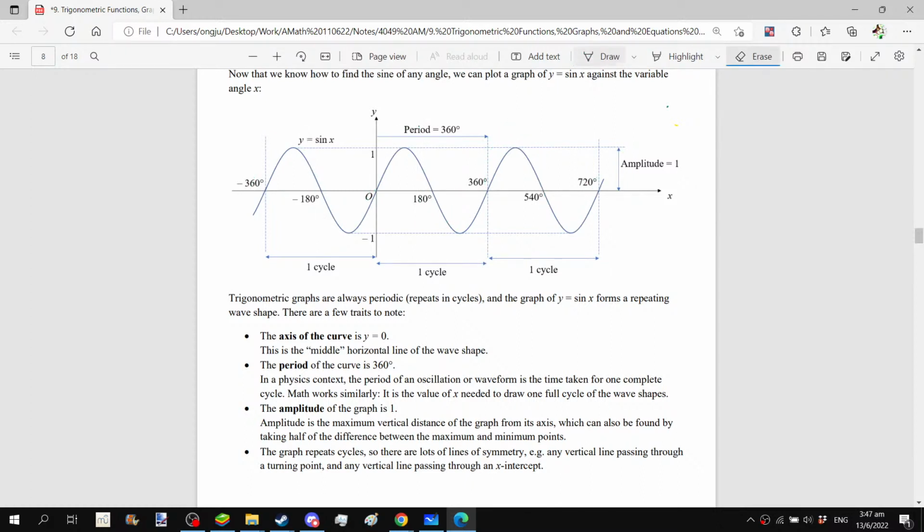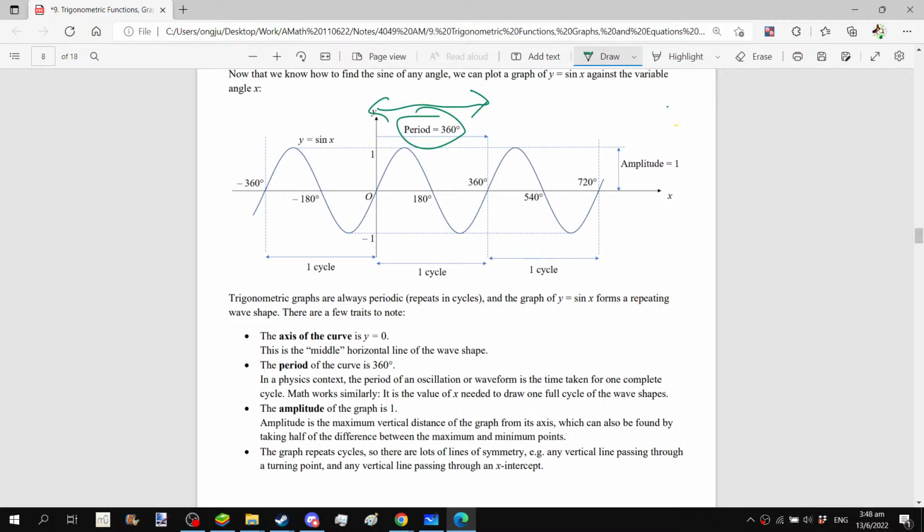So the repeating unit has a length of 360 degrees, and therefore it means that I need to travel 360 degrees if I want to create one complete cycle. In other words, 360 degrees is the amount of resources consumed in order to create one complete cycle. So math is a little more general, right?